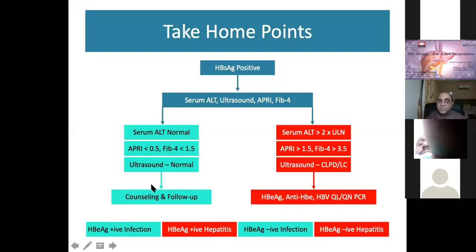So this is a patient either in the HBe antigen positive infection phase or HBe antigen negative infection phase. You need to counsel this patient and do the follow-up. Even if you don't do the PCR here, with all these parameters normal, you won't lose anything, because doing PCR means spending money from the pocket of the patient.